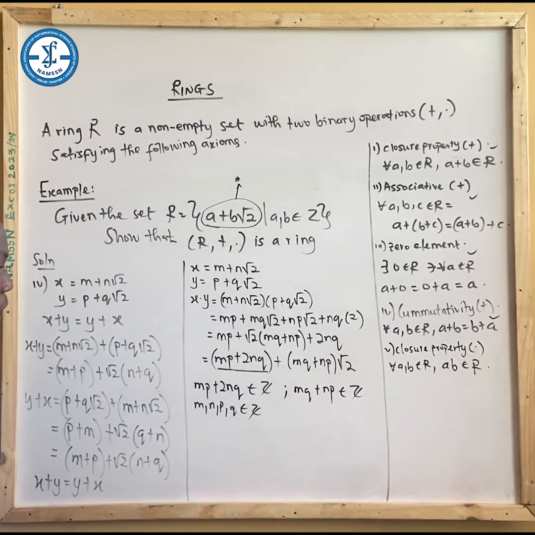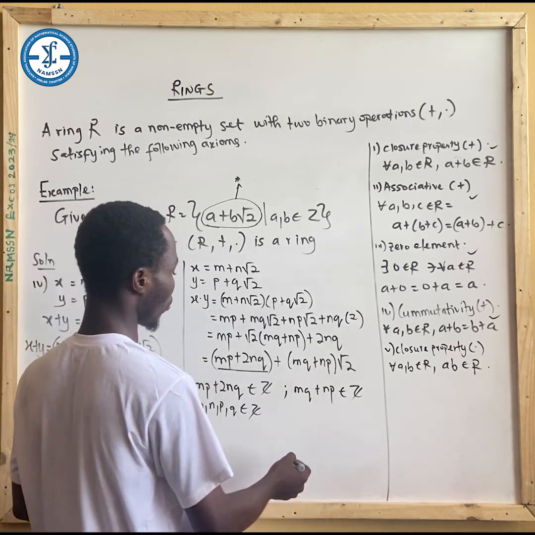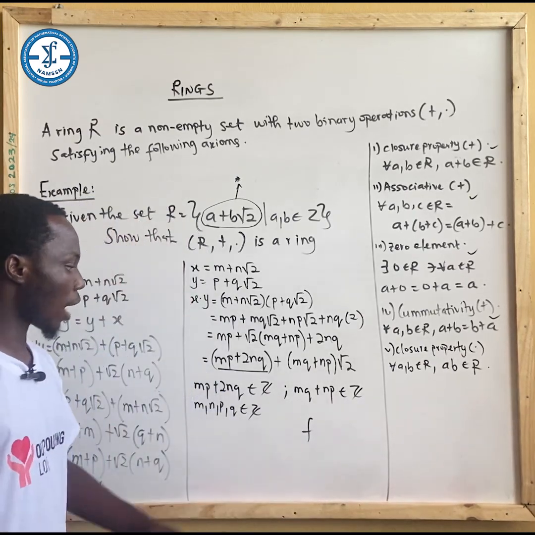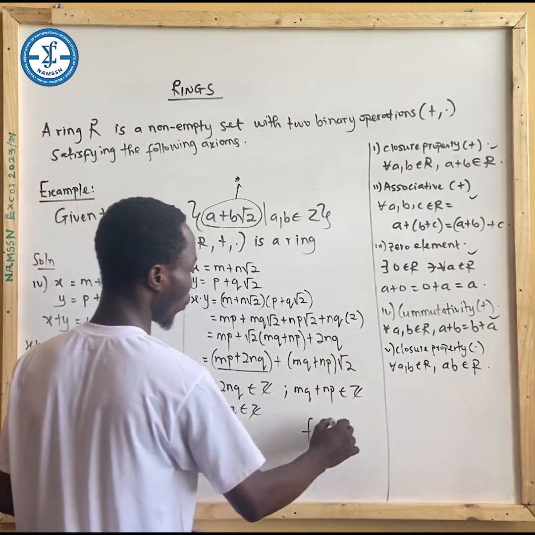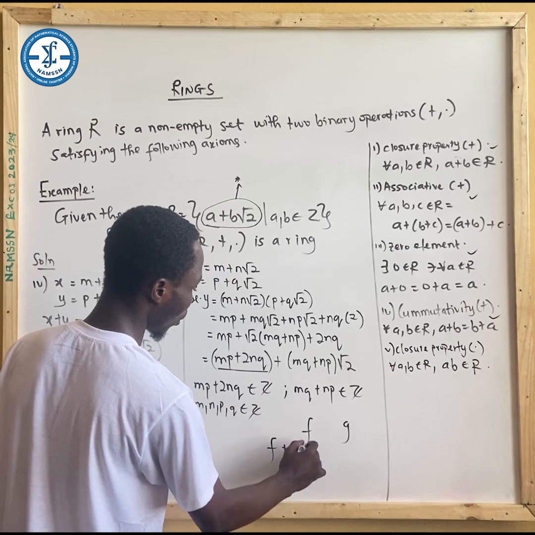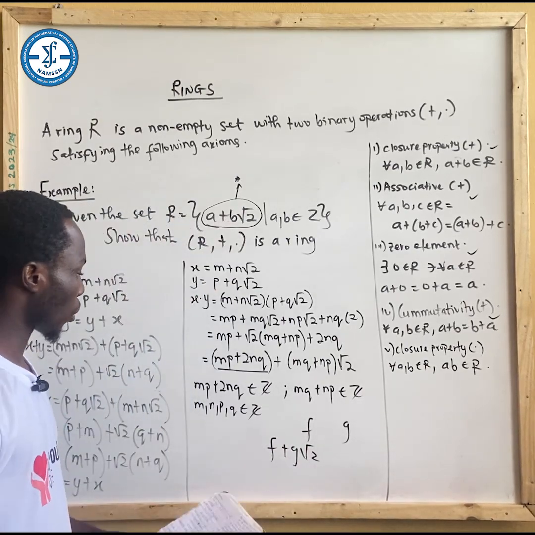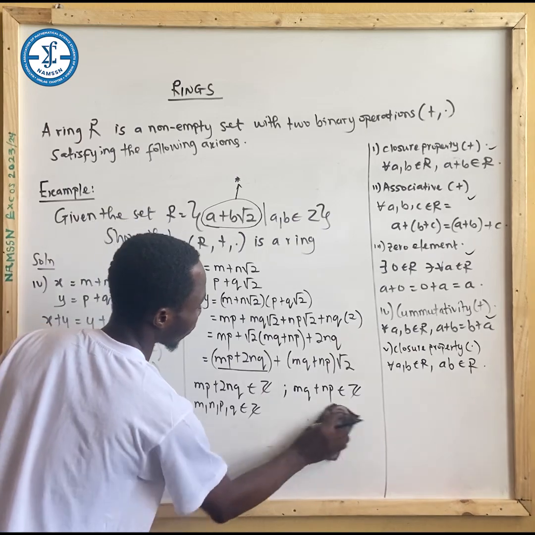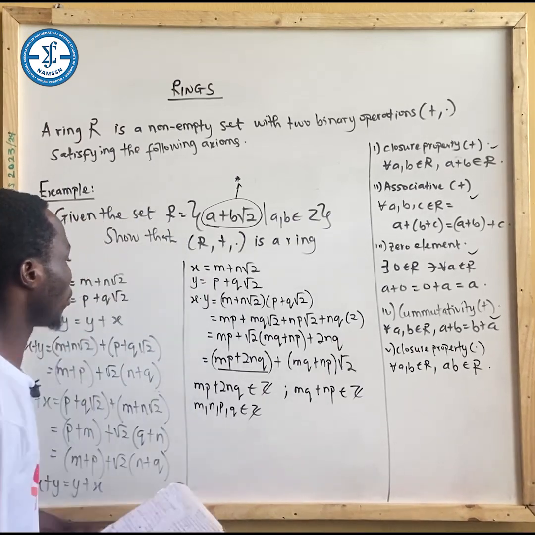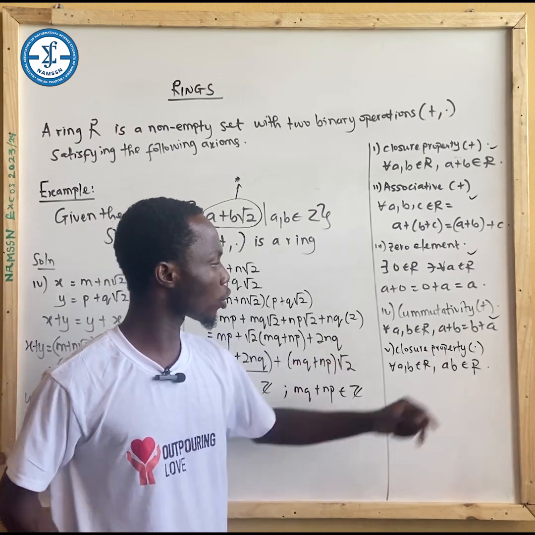Will also give an integer. So let's say this sum is f, and this one gives you, let's say g. I can basically write this as f plus g root 2, which is still in this form. So we've been able to show the closure property under multiplication.